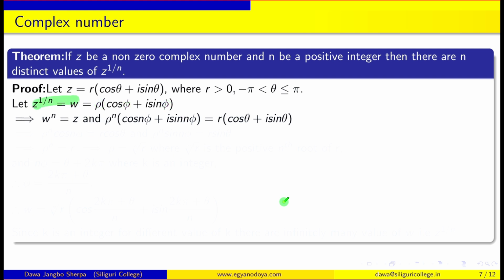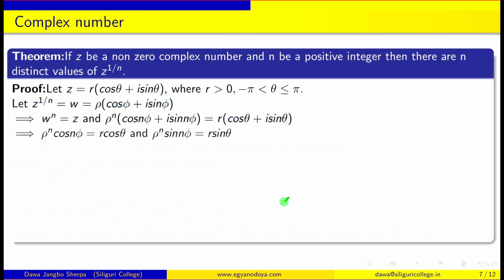Then from here I will get w to the power n is equal to z, and w to the power n means this quantity to the power n, that means rho to the power n (cos n phi plus i sin n phi), because if you take this n over here in the power by De Moivre's theorem, this n will come over here. So this is equal to r (cos theta plus i sin theta), because we know that z is equal to r (cos theta plus i sin theta).